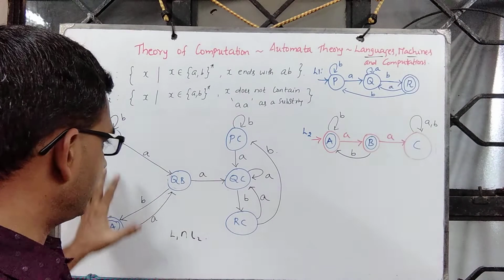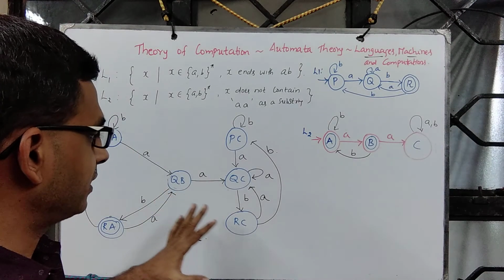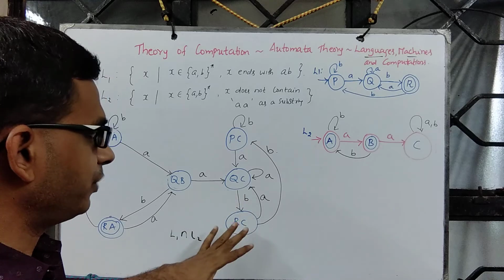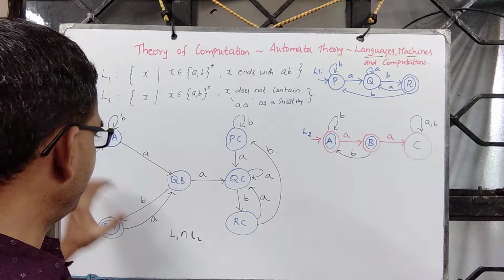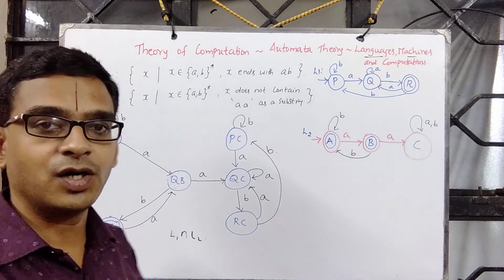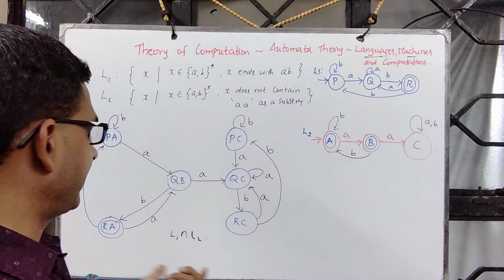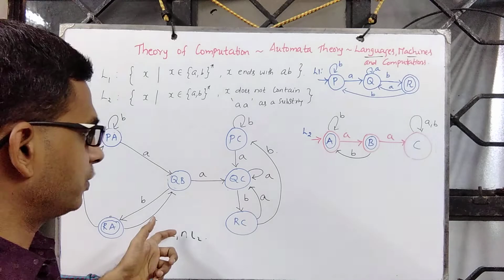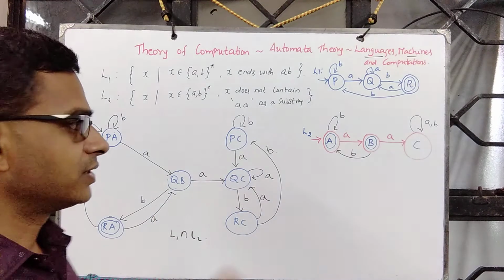For example, this one has got 6 states, but this can be pruned further. And similarly, the framework gave a couple of states which are not reachable from the start state. So first we have pruned those 3. We can prune some more as well.